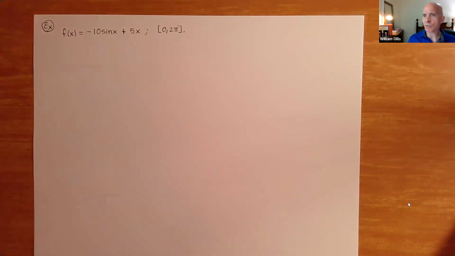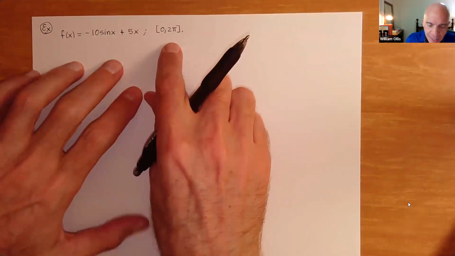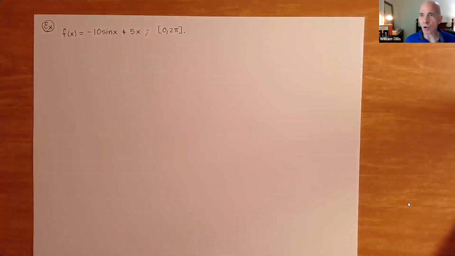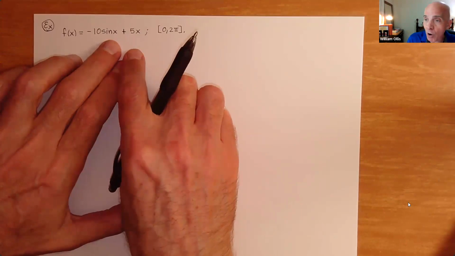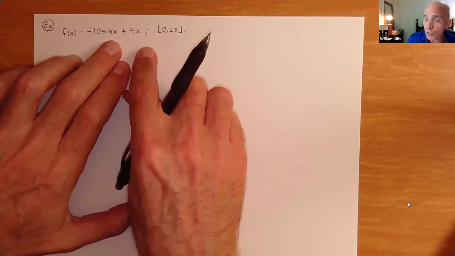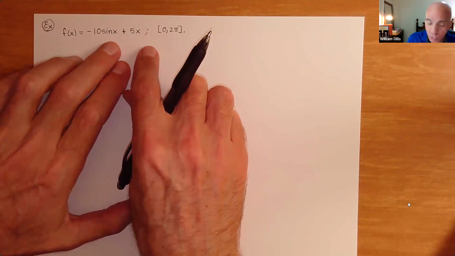So let's exhaust both possibilities. Now, what we see here is we have a restricted domain, but what we want to notice is that this function is defined for all real numbers, and there are certain qualities of this function that you may find interesting.